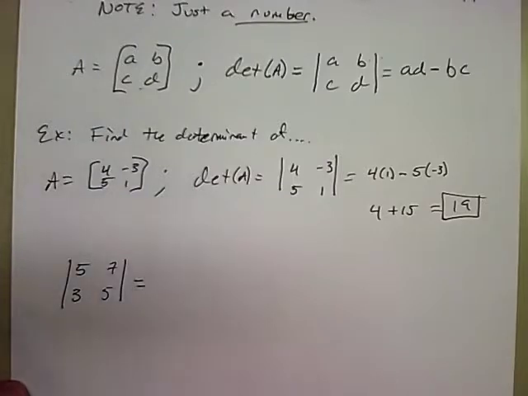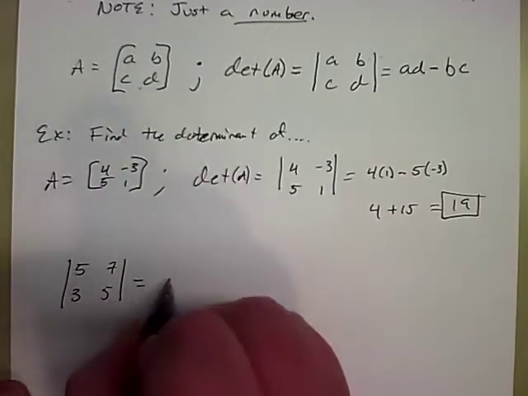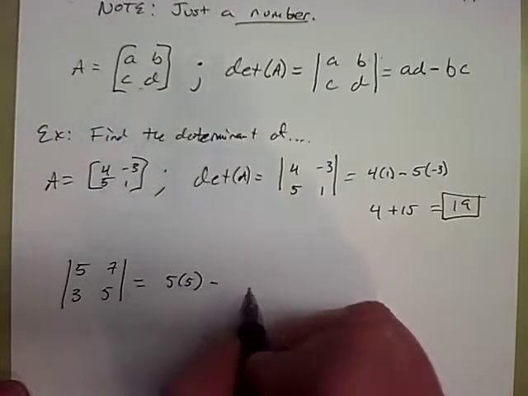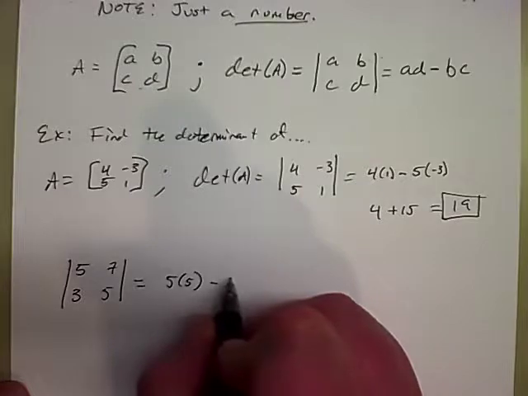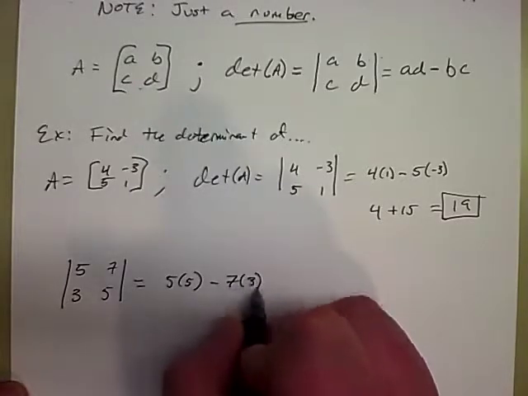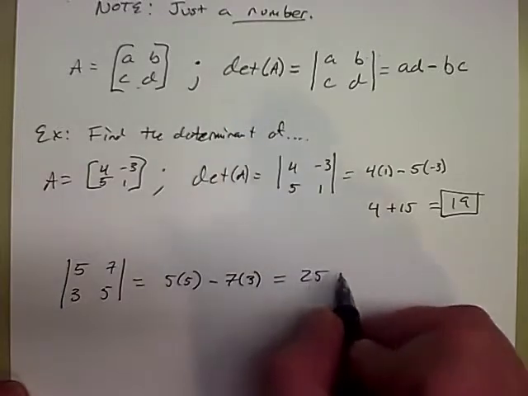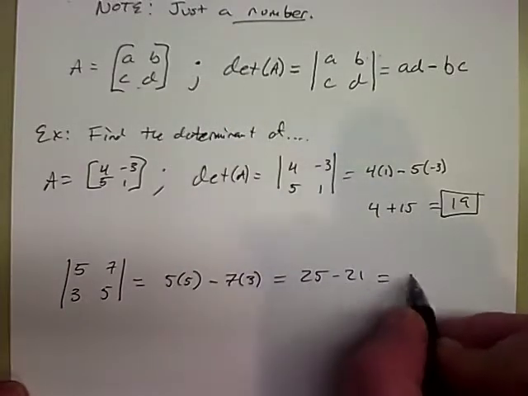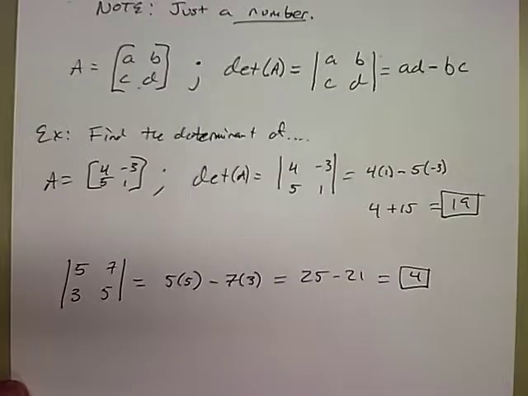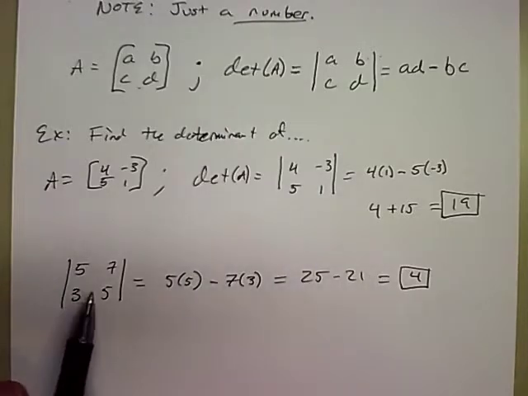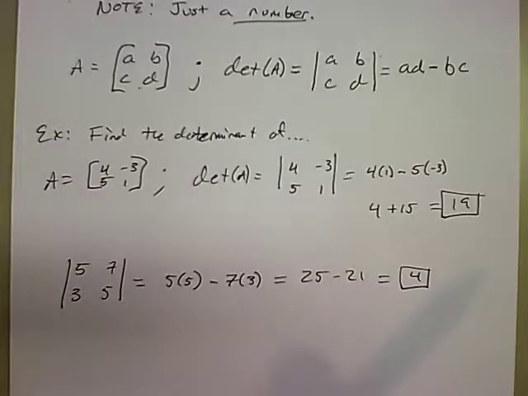The determinant of this is going to be 5 times 5 minus 7 times 3, which gets us 25 minus 21, and I get a 4. Okay? So that is finding the determinant of a 2 by 2 matrix.